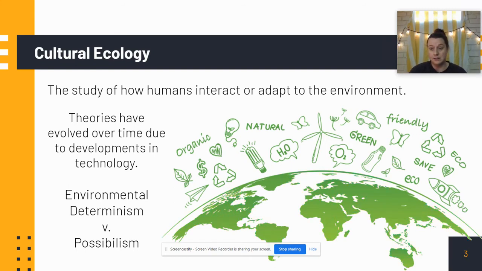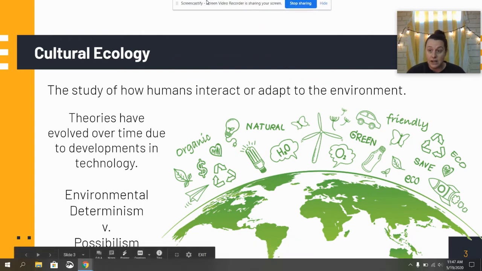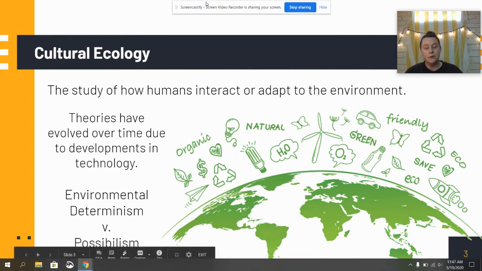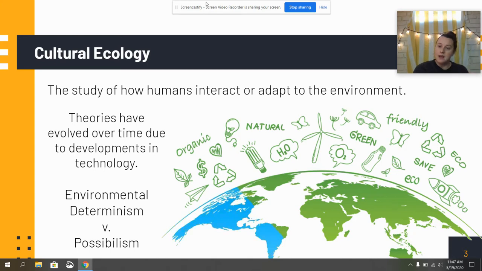Cultural ecology is a very old area of study, and the theories that cultural ecologists started with have evolved and changed over time as humans have evolved and changed, and technology has increased.